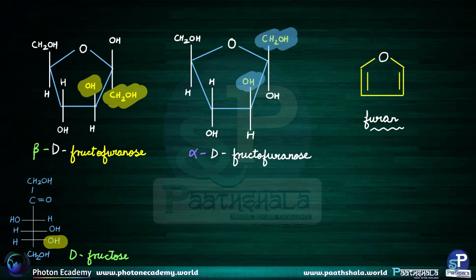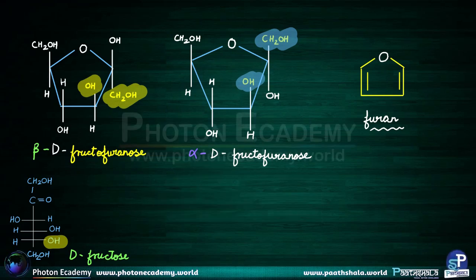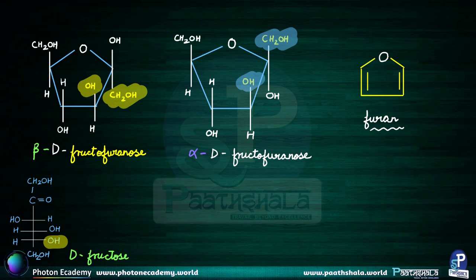Now, we discussed that in the beta form, this OH and the CH2OH are lying at trans position, and in alpha they are lying at the cis position. So we know for a fact that this beta D fructose, where the placement is trans, is of course more stable than the alpha form, because if these two, the OH and the CH2OH group, lie on the same side as in the alpha form, then this particular cyclic structure becomes less stable.